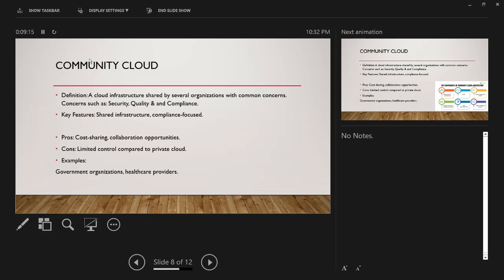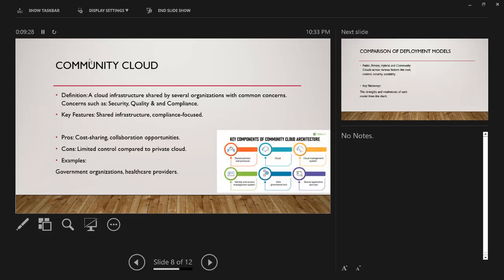For example, industries like the healthcare sector and governments, like Azure Germany and Azure USA, are community cloud systems where they don't want major parts of their data outside. We also have Azure China. These are community cloud systems whereby they use the public cloud, but they still have some compliance which is based off their local environment.